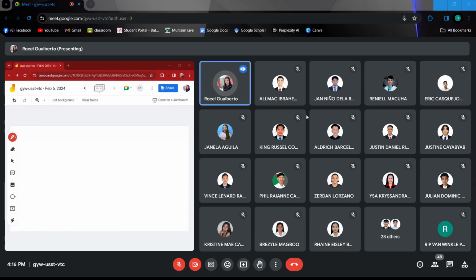You can use po pala until 19 kasi hanggang 21 po. So I'll use 20 and 21.